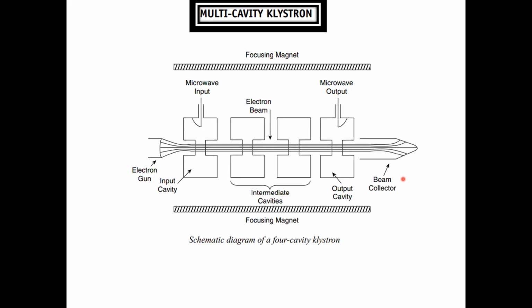For this we apply a focusing magnet. Why? Because the direction of the electron beam, which participates in the velocity modulation, can be shown in this multi-cavity klystron. The entire process is similar to that of a 2-cavity klystron. Only from the hardware prototype point of view, we add 2 or more cavities for the multi-cavity klystron.